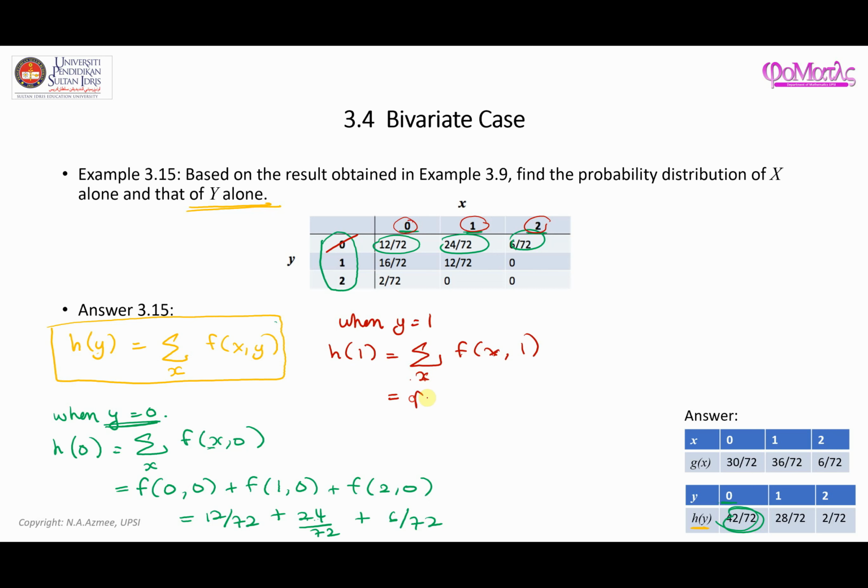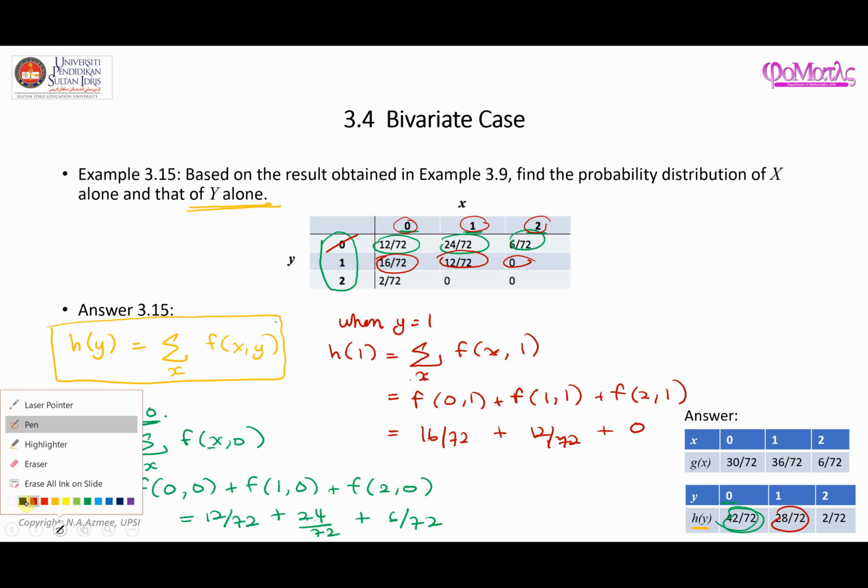So what we have is f01 plus f11 plus f21. The values associated with that are 16 over 72 for this one, 12 over 72, plus 0. So 16 plus 12 is 28 over 72.